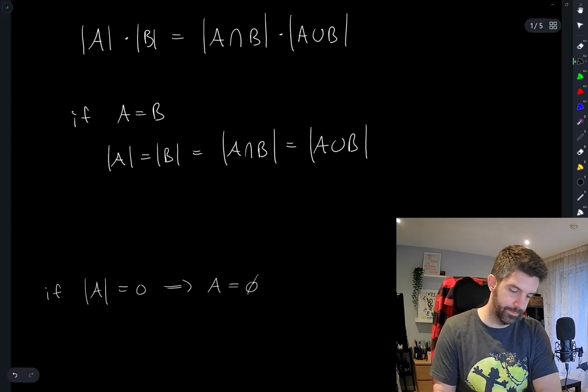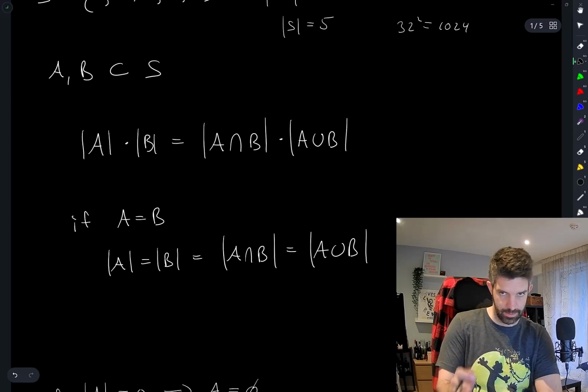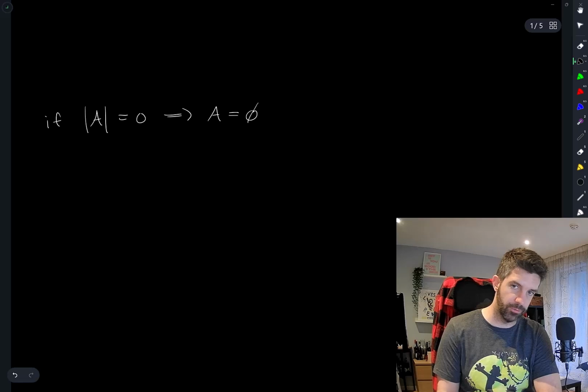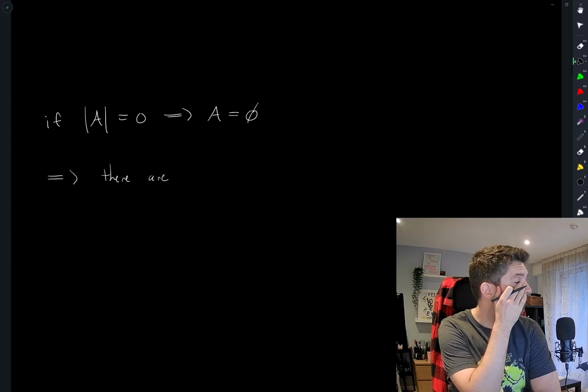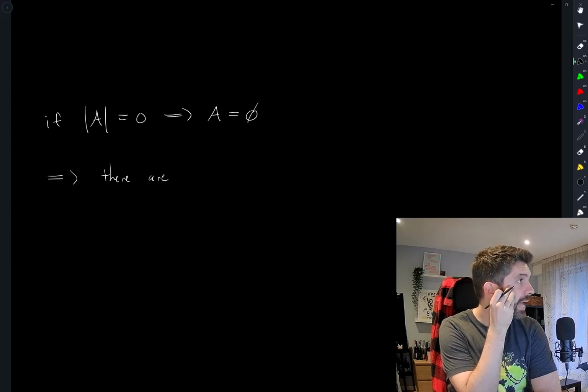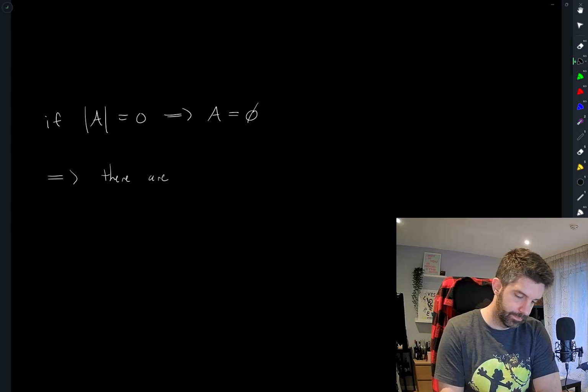Then the equality is trivially satisfied because both sides will be 0, right? A intersect B will also be the null set. So this means if A is the empty set, then B can be anything; there are 32 sets B which work.